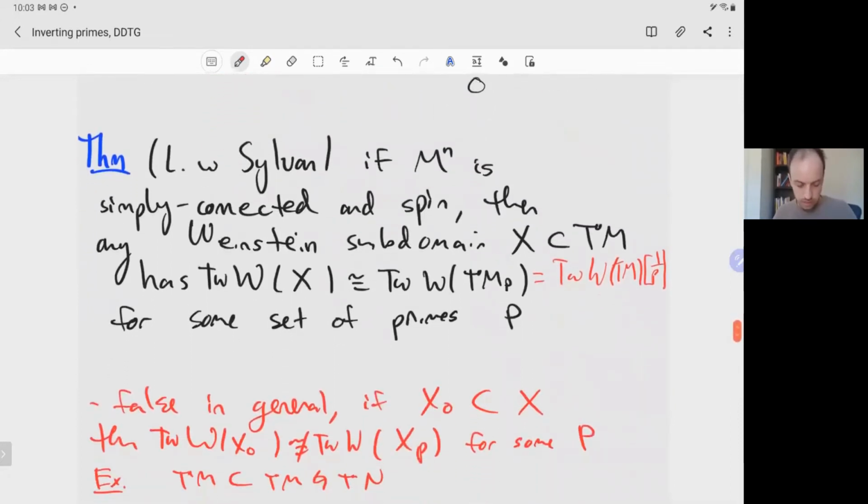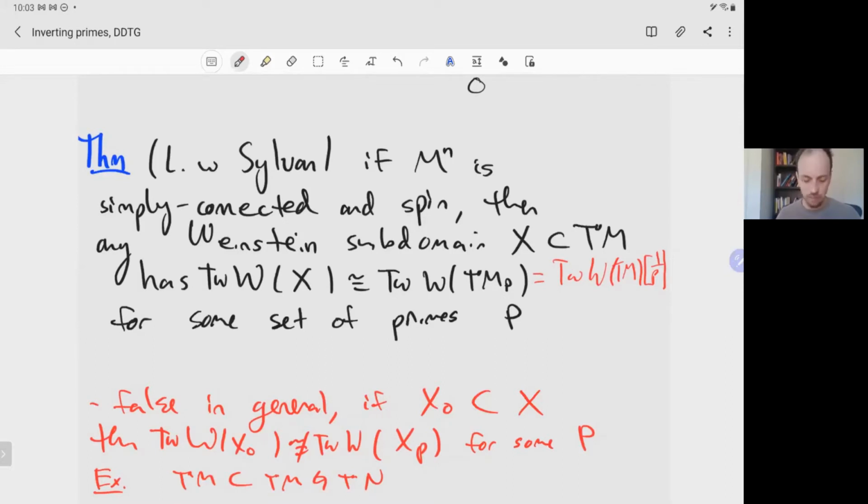So let me just say that this classification of subdomains is false in general. It definitely depends on the fact that we're talking about a cotangent bundle and subdomains of a cotangent bundle. It's false in general, namely, if you have some subdomain X naught inside of X, then it's not true in general that the Fukaya category of X naught is the localization of the Fukaya category of X for some prime p, even though this is true for cotangent bundles.